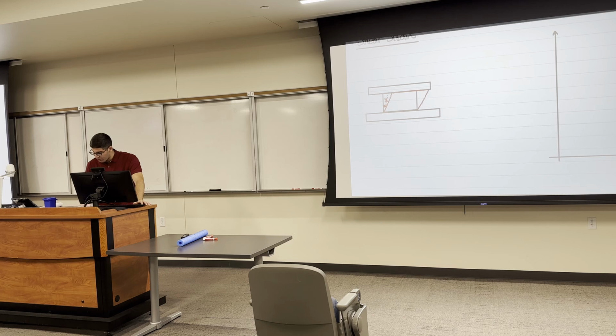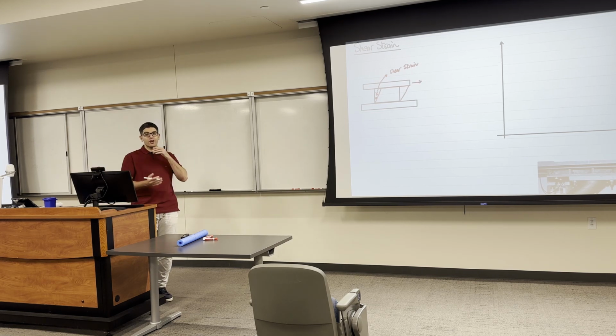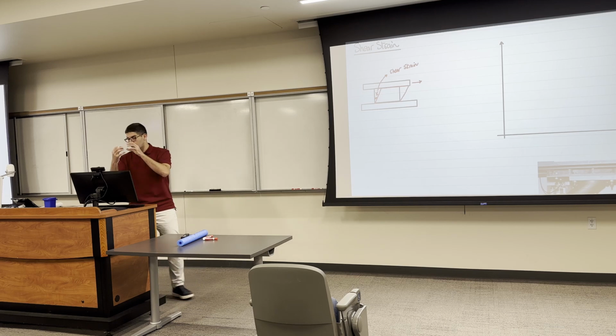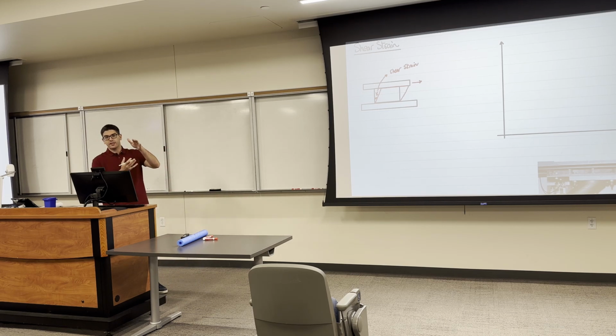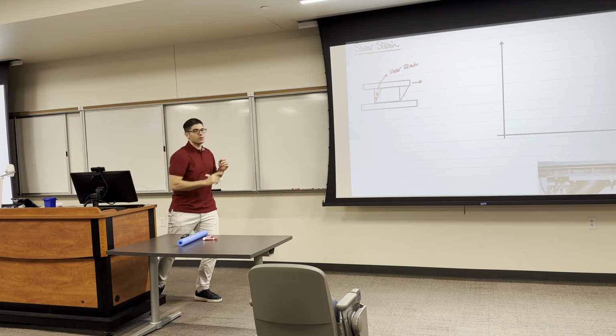This is what we call shear strain. So when I apply a force, this force is going to cause this shear strain to happen. In normal strain, the strain was in terms of elongation and shortening, but here I have the shear strain in the form of an angle, okay?